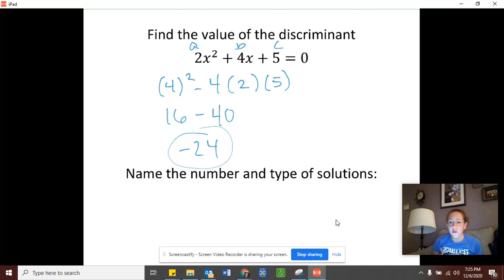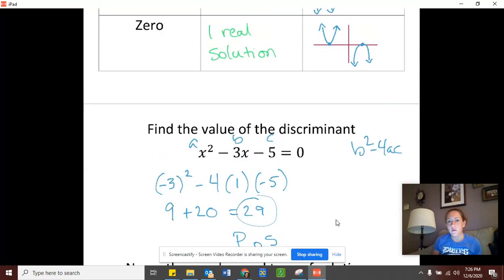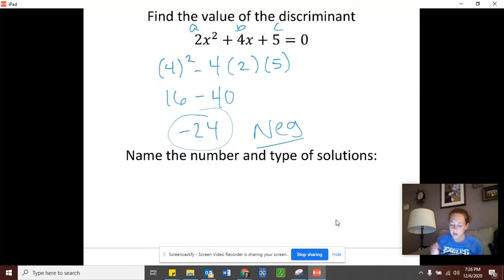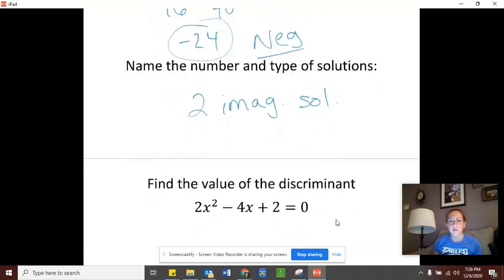Well, -24 is a negative number. So if you go back to that table with a negative, that means that I have two imaginary solutions, okay? I'm abbreviating. You are more than welcome to do the same on your work. Two imaginary.